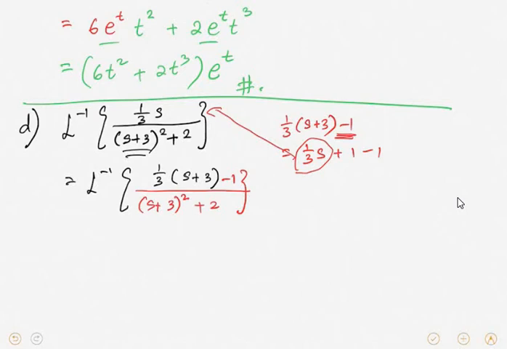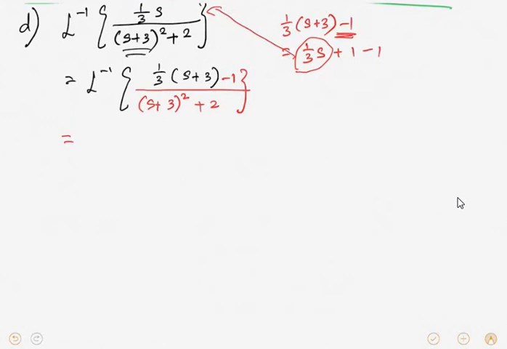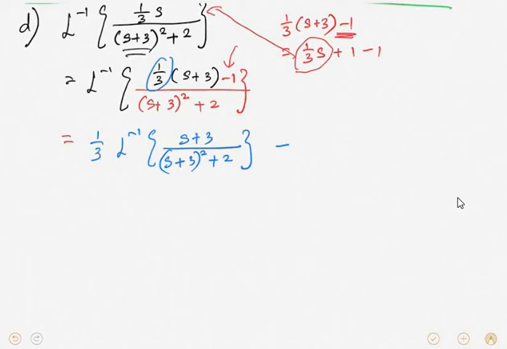So we have a minus 1 here. Okay, and then since we have the minus here, we can separate into 2. And this is the constant. We take out the constant. We left s plus 3 over s plus 3 squared plus 2, and then minus with inverse 1 over s plus 3 squared plus 2.